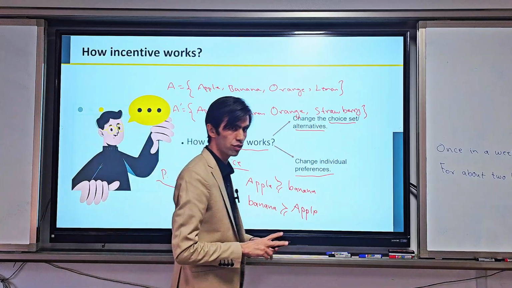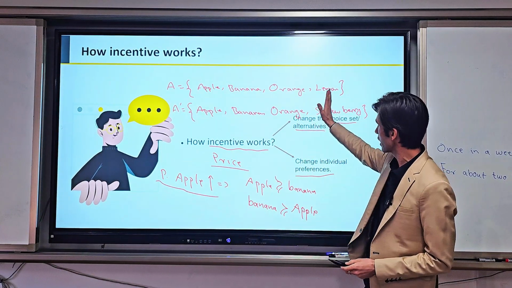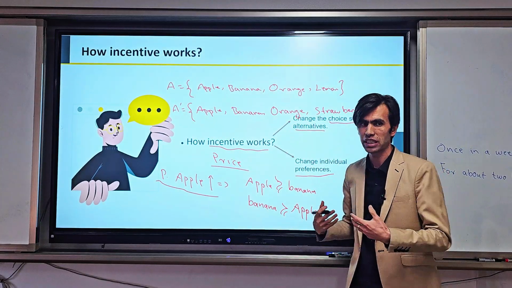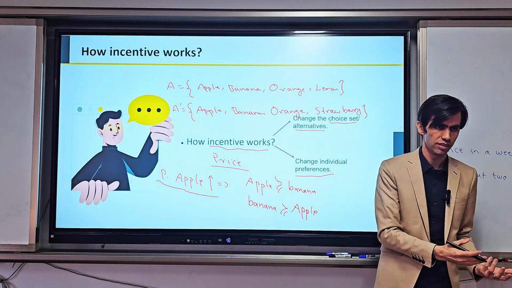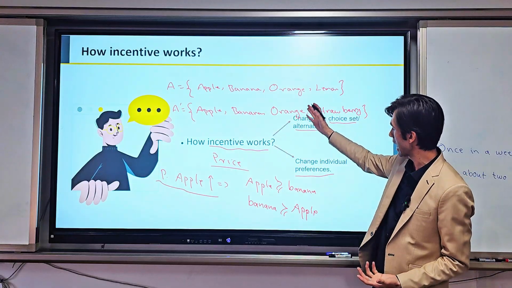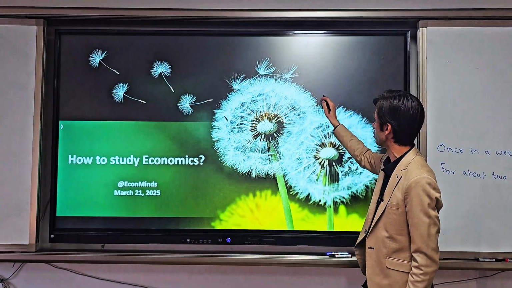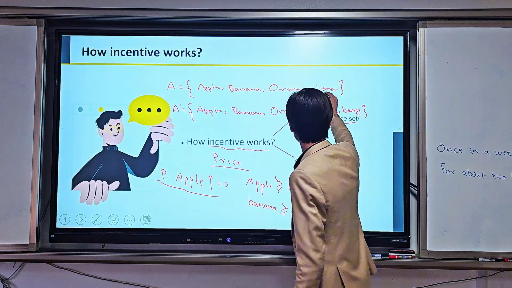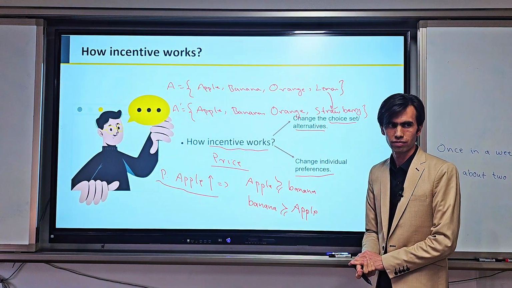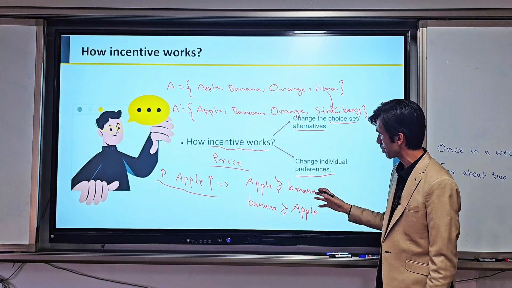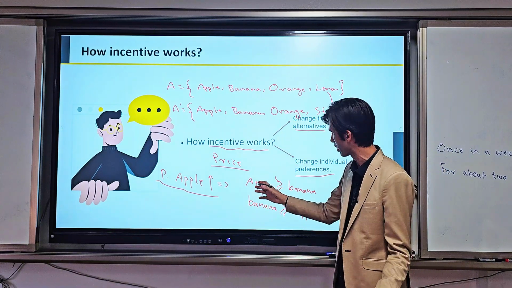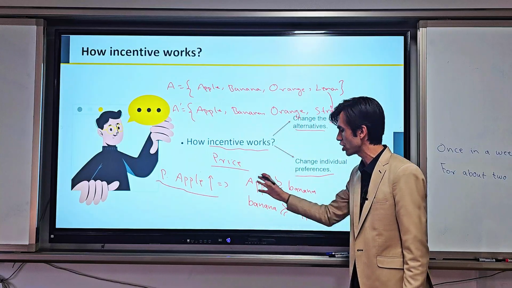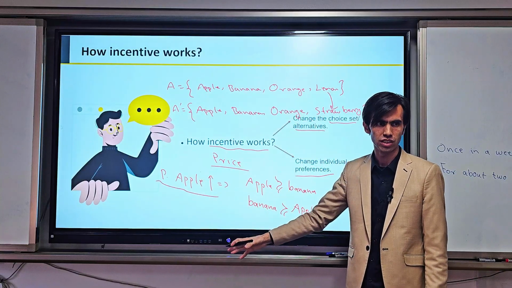So incentive may have two effects. First, it can change our choice set. That means we can drop something from our choice set and add something different, like from choice set A to choice set A bar, we dropped lemon and instead added strawberry. And next, change in individual preferences. Before, we used to prefer apple to banana, but now because of the increase in the price of apple, we shift our preference relation.